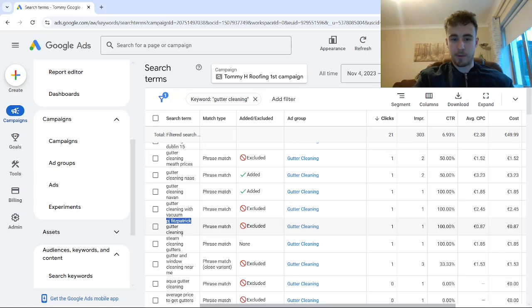So the gutter cleaning keyword on its own is perfect, but you might have a lot of irrelevant search terms under that have been getting a lot of clicks, and have been contributing to the lower conversion rate. And you mightn't realize that the keyword itself is actually fine, but you've been getting a lot of clicks for search terms that are causing it to have a low conversion rate. So I'd actually look at adding negatives for the search terms that are irrelevant and have been getting clicks before you go ahead and just start pausing the keywords themselves.